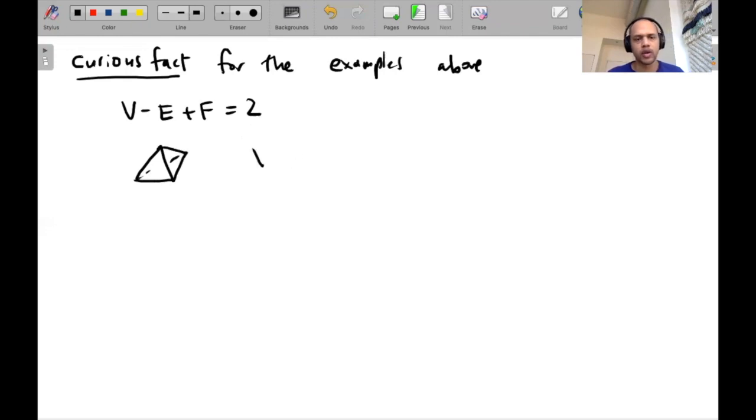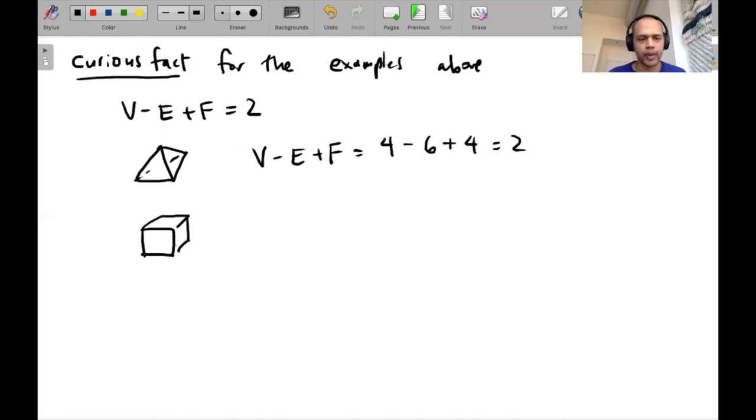So here, there are 4 vertices, 6 edges, and 4 faces. And so we get 2. For the cube, we have 8 vertices. There are 12 edges and 6 faces. So again, we get 2.